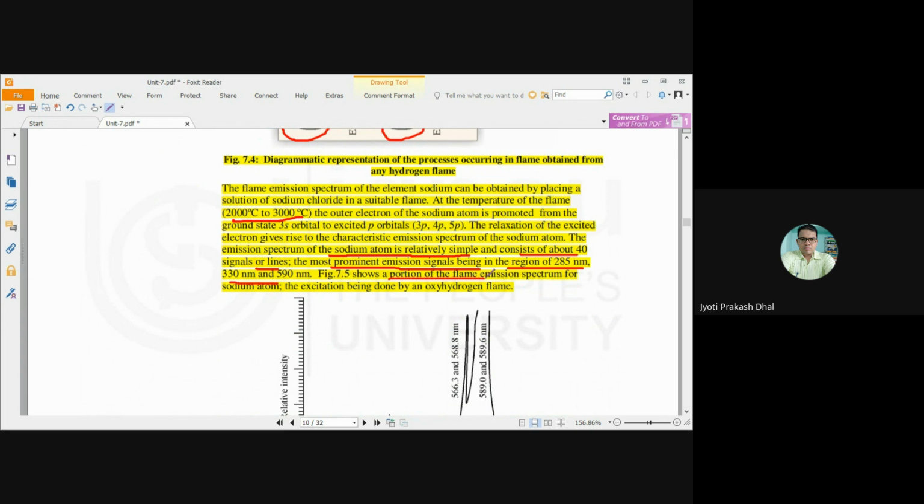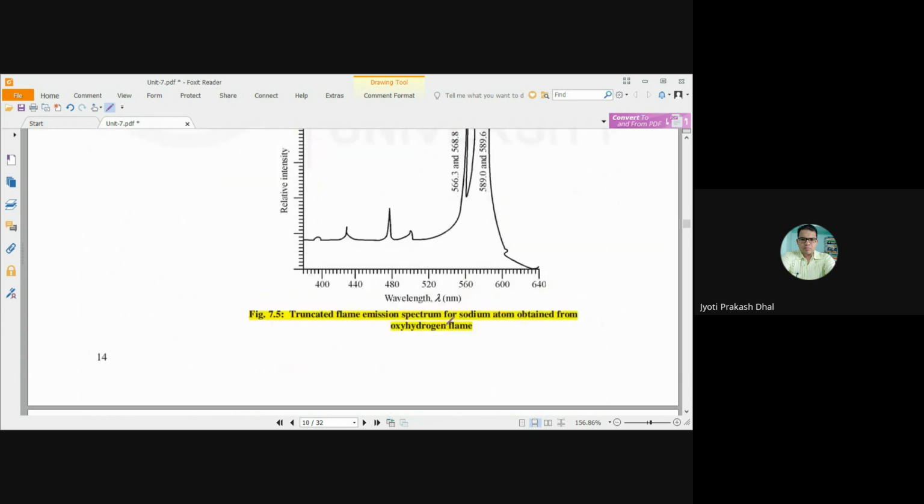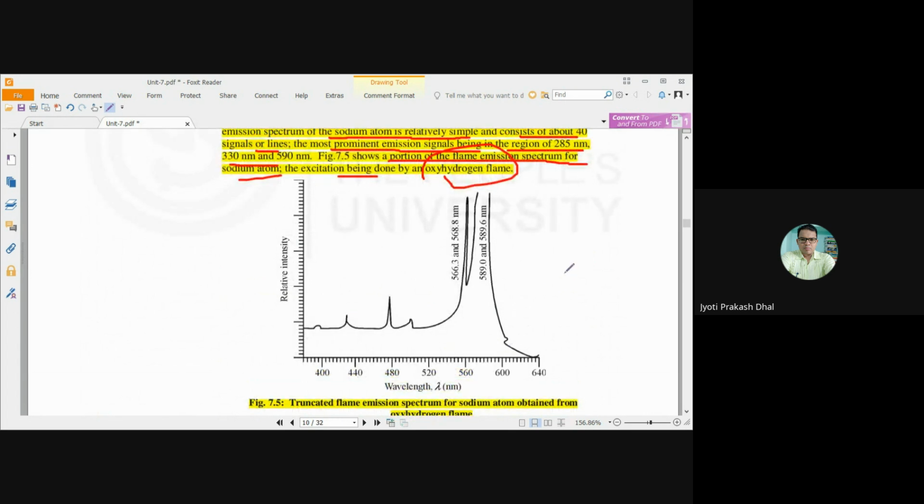The figure shows a portion of the flame emission spectrum of the sodium atom, and the excitation is done by an oxyhydrogen flame. Initially the sodium chloride salt solution will undergo nebulization and desolvation, then decomposition, then vaporization, and after that the isolated gaseous sodium atoms will undergo excitation by the oxyhydrogen flame, and after excitation the sodium atoms will emit emission spectra.